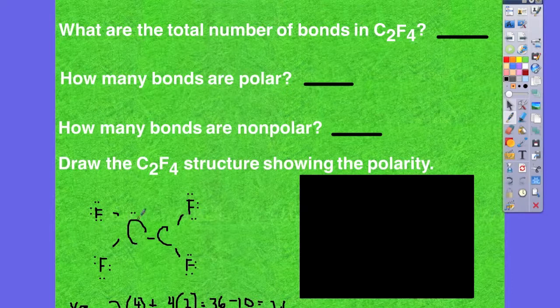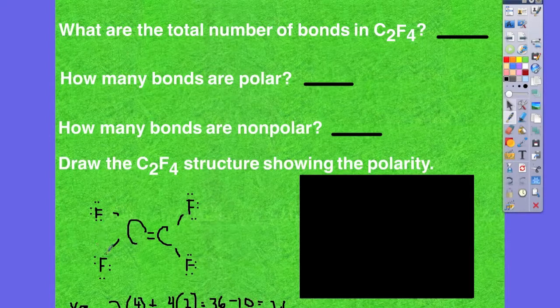We need 2 more. So this one right here is going to share the lone pair, and we make another bond, and now 2, 4, 6, 8, 2, 4, 6, 8, we meet the octet rule.